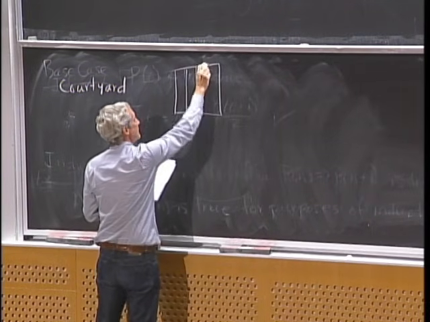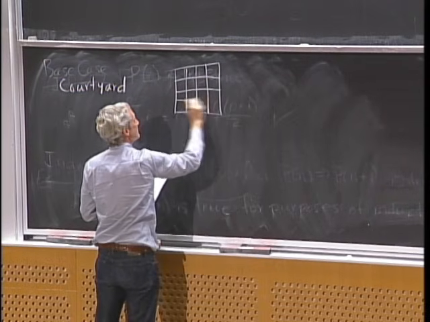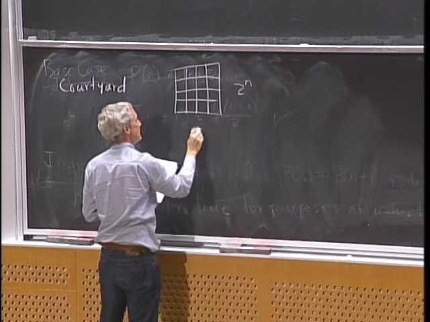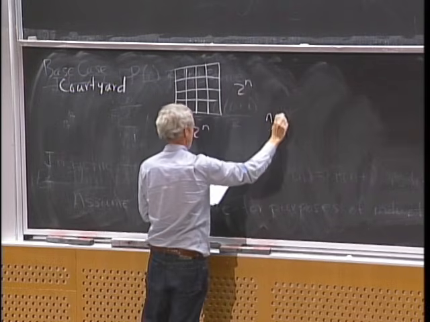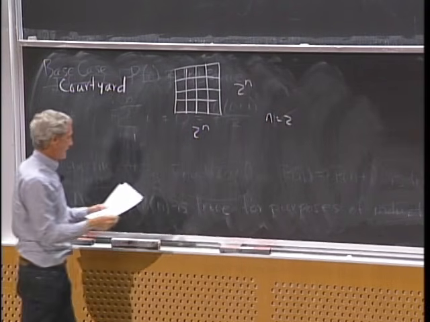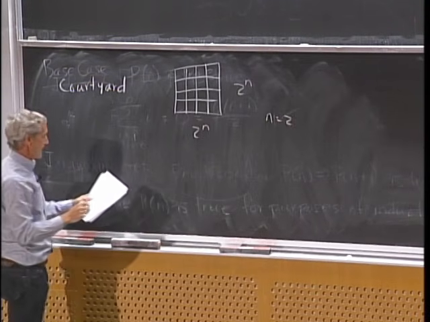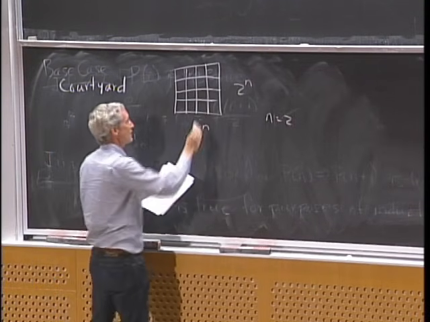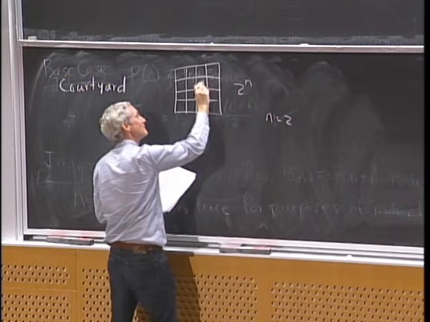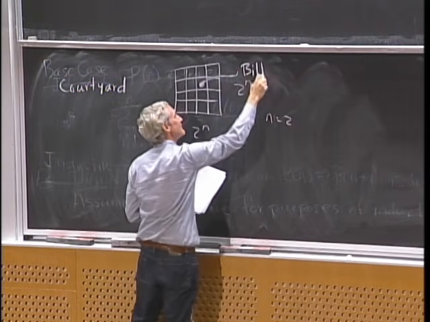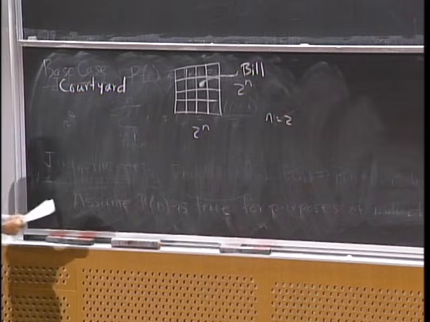So it's 2 to the n by 2 to the n. And I've drawn here the case n equals 2. And we've got to get the statue of the wealthy guy in the middle. And I'm not supposed to reveal his name, so we're just going to call him Bill. All right, so Bill's got to go in the center.